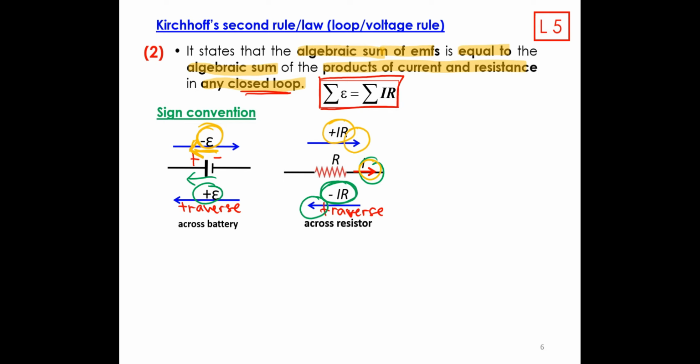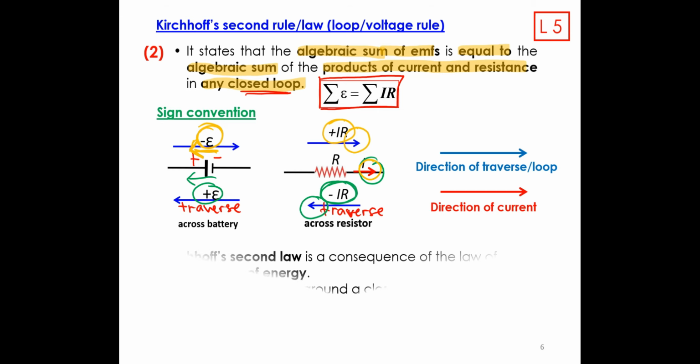I repeat once again: same direction, positive. Opposite direction, negative. This is the method for solving the equation after this. Blue color is the direction of traverse or loop, and the red color represents the direction of current.